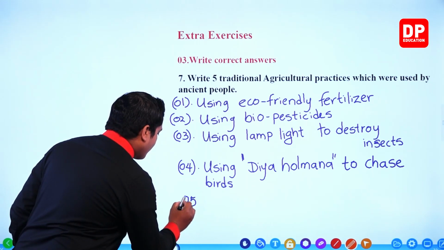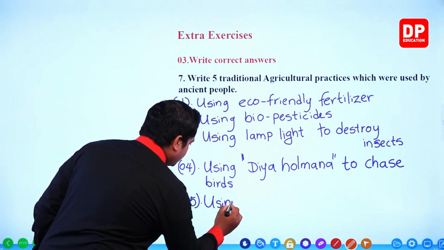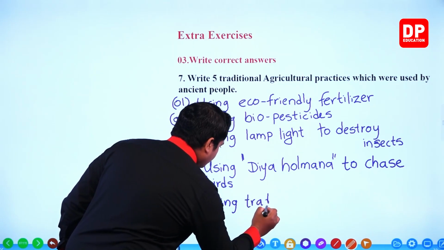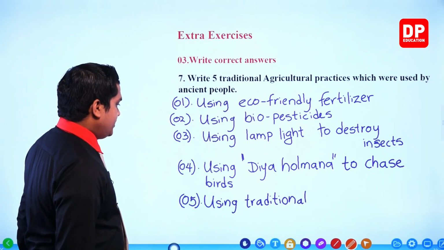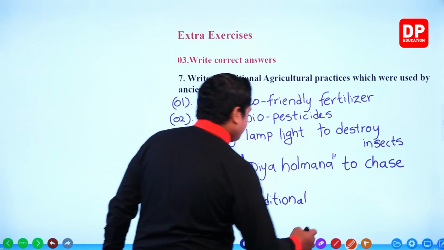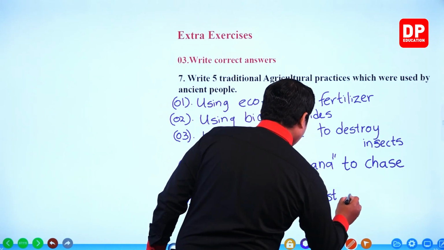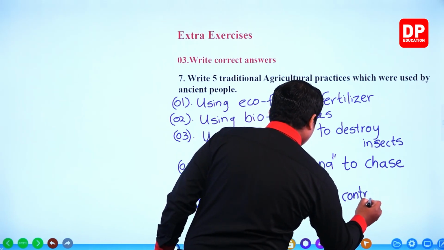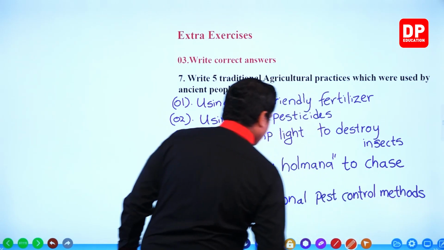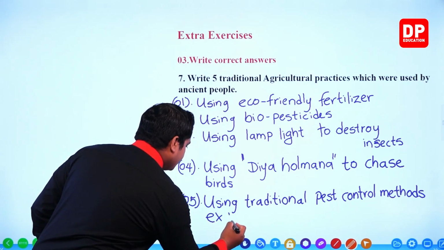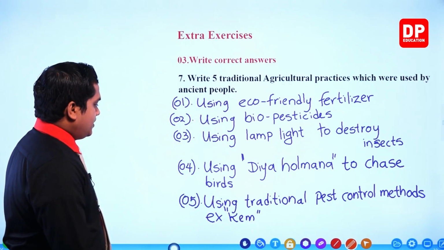Number 5, using traditional pest control methods. Example, Chemkrama. Right.